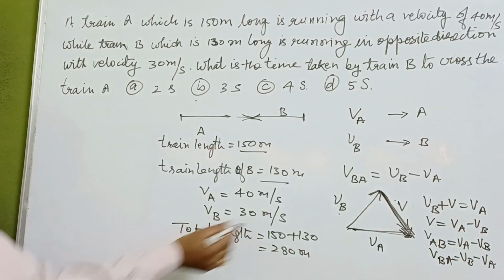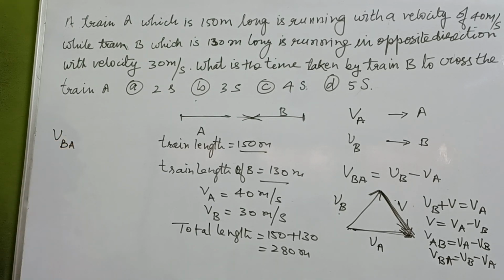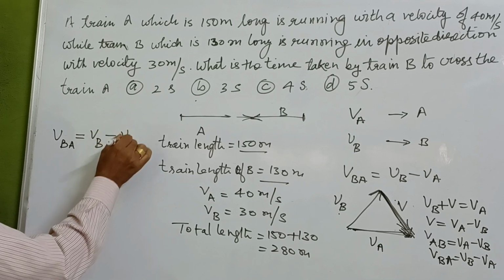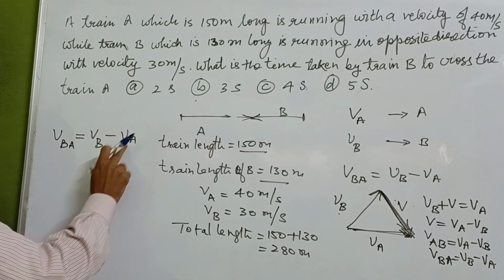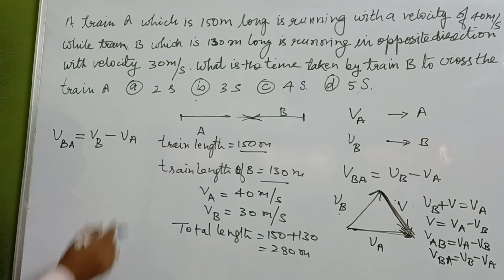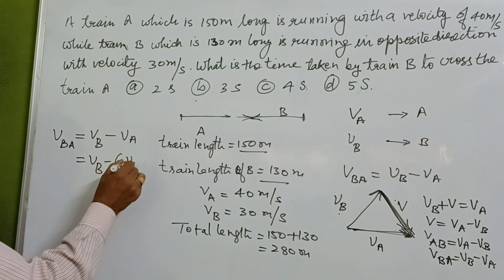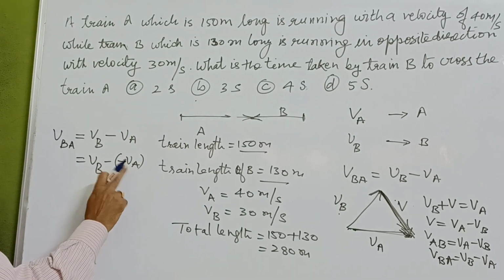The velocity of train B with respect to A will be given by VB minus VA. Since both trains are moving opposite to each other, it is VB minus (minus VA). This velocity is a vector quantity, so we have to take it in the negative direction.